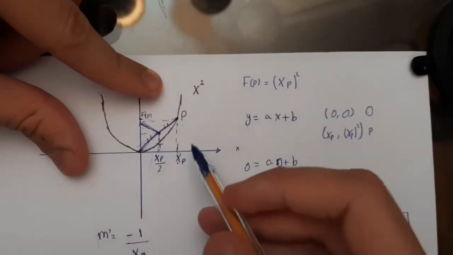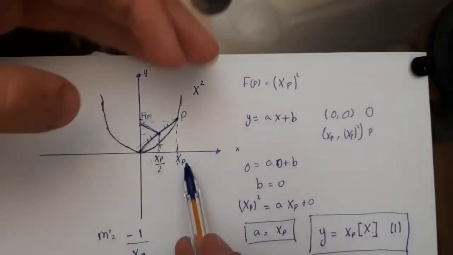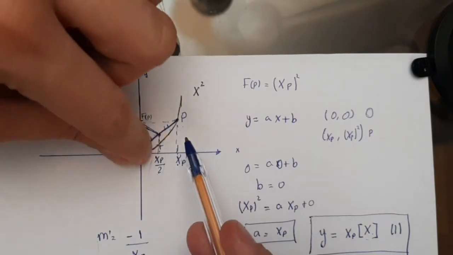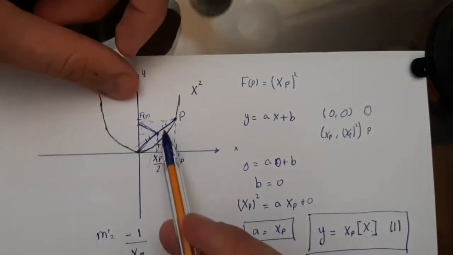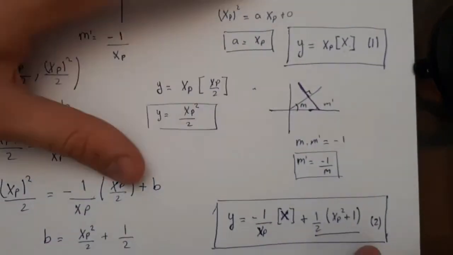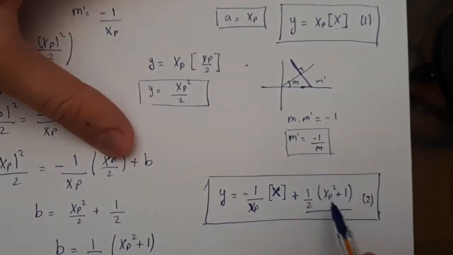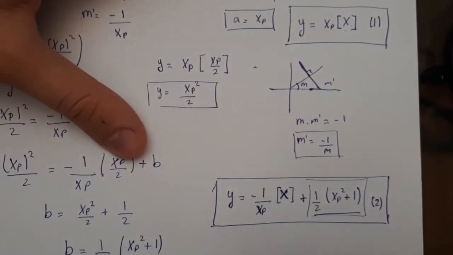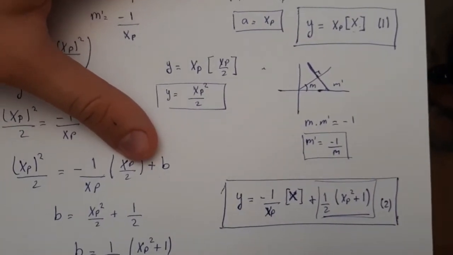What is the question asking? When x of p is going to 0, right? Because this point over here, it's closing. What is happening to this point over here? This point where it's cutting, okay? So when x of p is going to 0, this point is what determines your y direction.